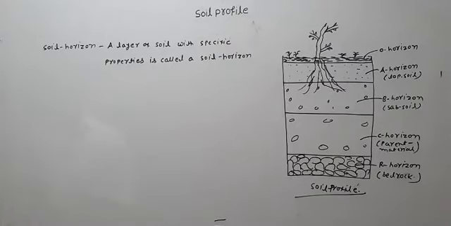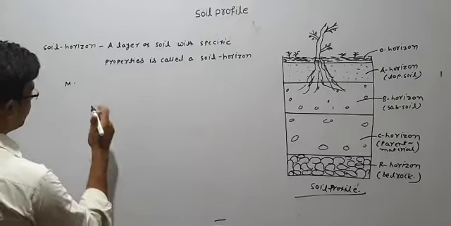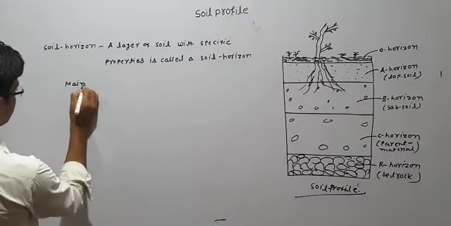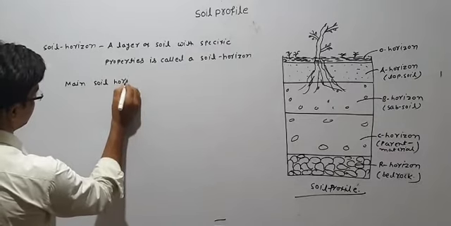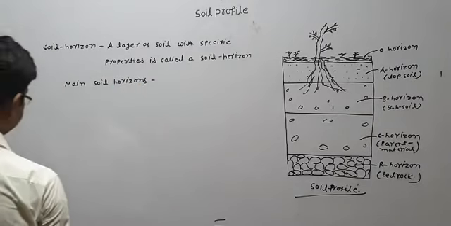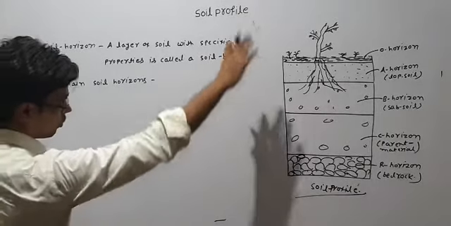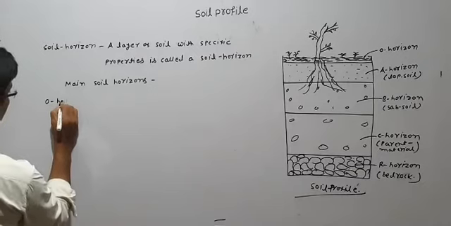Means different layers have different properties, different particles, different size of rocks are there, that's why. Okay, main soil horizons, one by one we will discuss about that. Main soil horizons. First on the top, from the top we will go down. So first one what we have, O horizon.